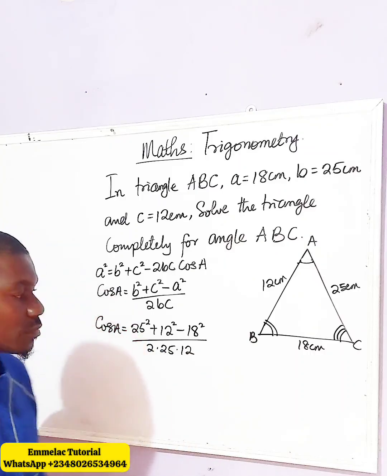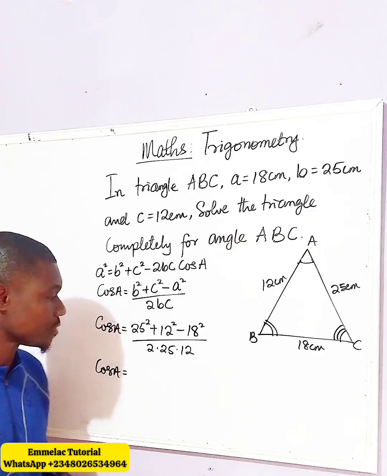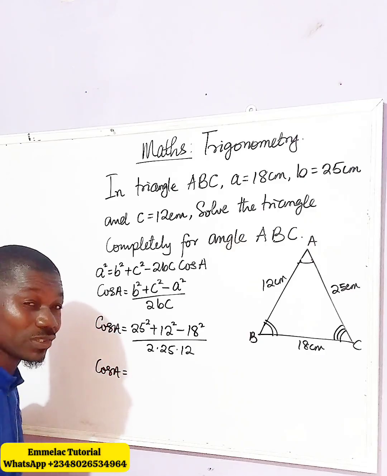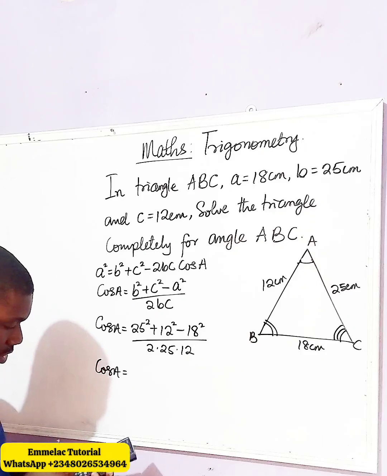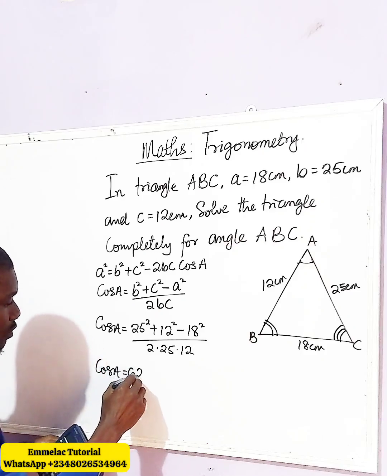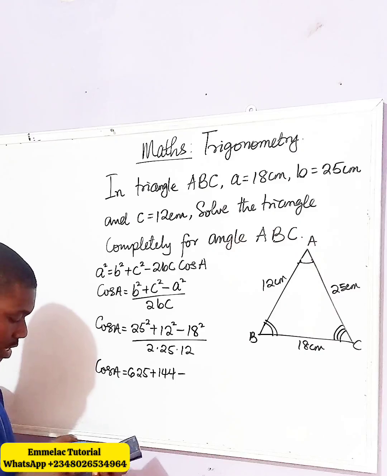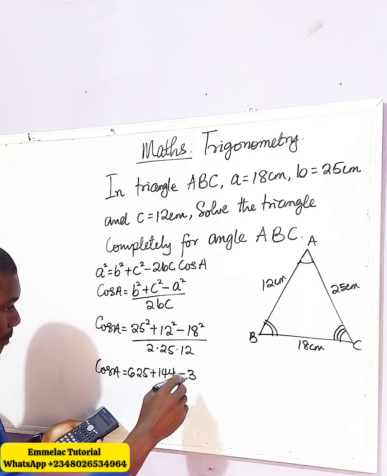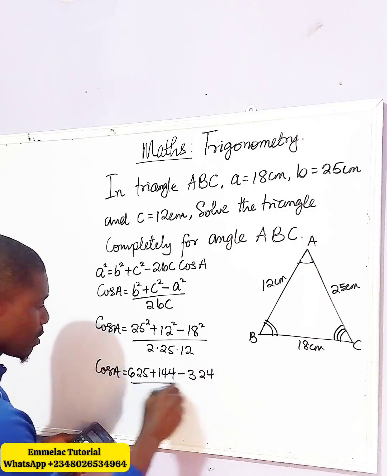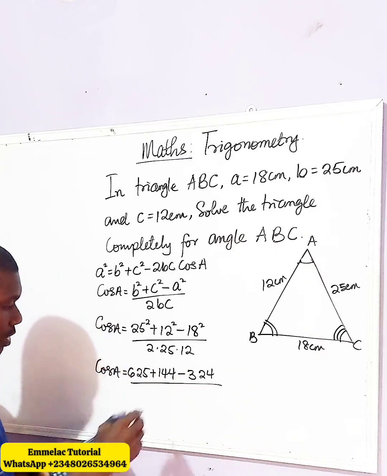Let's simplify further. 25 squared will be 625, plus 144, minus 18 squared, that is 324, all over 2 times 25 times 12, that will give us 600.